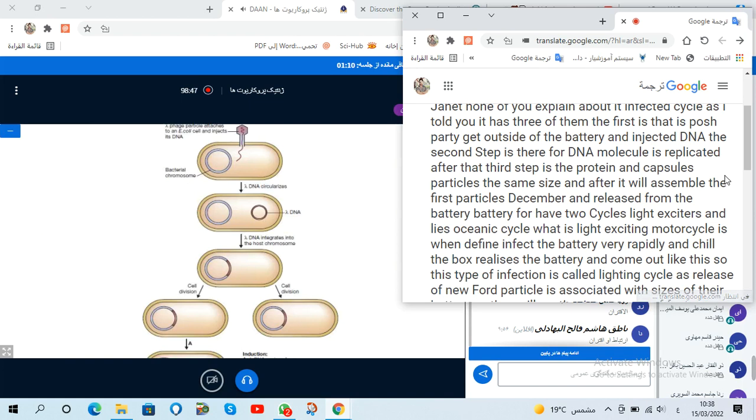And what about lysogenic? Look, here is the lysogenic mechanism. In contrast to the lytic cycle, lysogenic infection is characterized by insertion of the phage into the genome of a bacteria. Look at the picture.